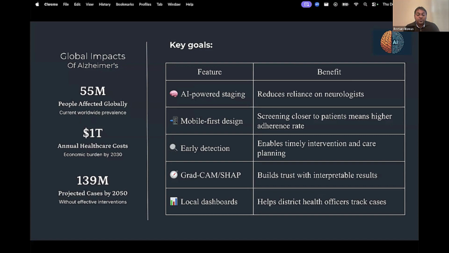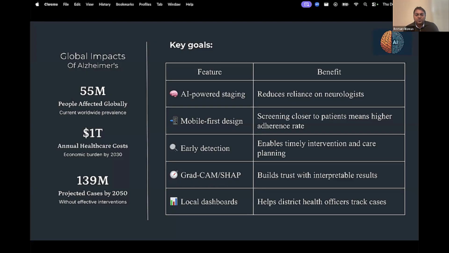And on top of it, the worst thing is that 139 million cases are projected by 2050 without proper interventions. And if we look at the cost, it's around a 1 trillion USD economic burden by 2030. So we are talking about a huge impact specific to Alzheimer's disease here.